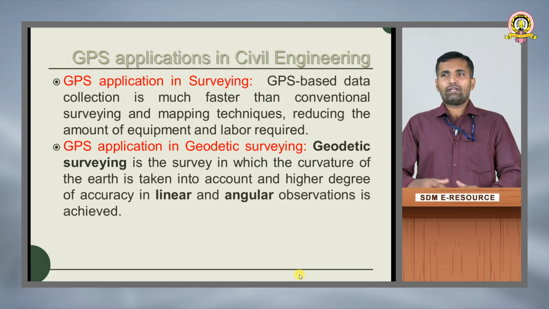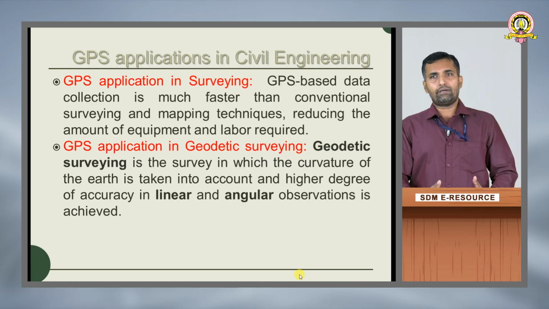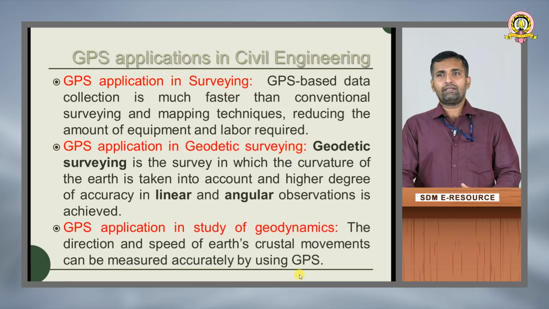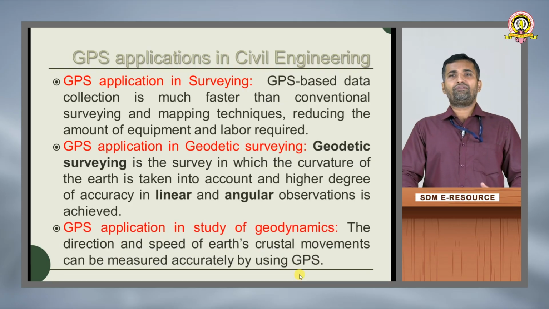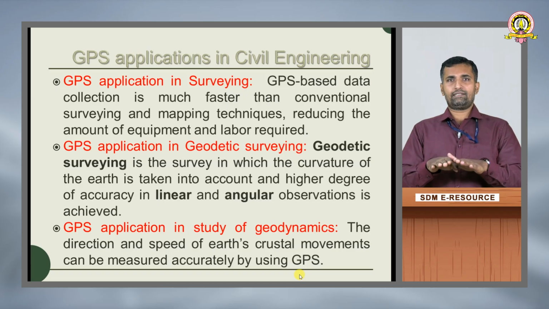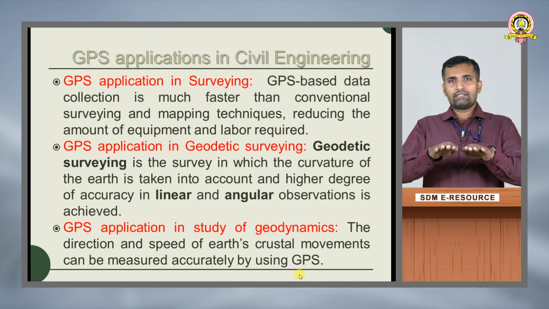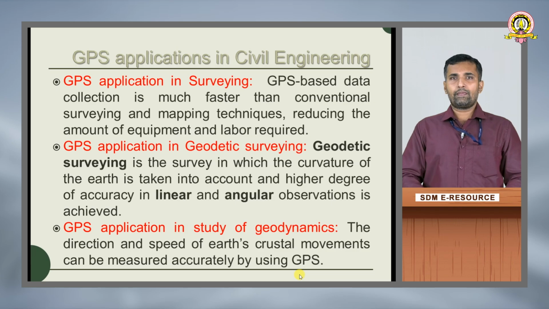A high degree of linear and angular observation can be achieved by GPS. Another important application is the study of geodynamics. What do we mean by geodynamics? The Earth's crust is in continuous movement. Convection currents in the magma drive the Earth's crust, and it is moving in a specific direction.